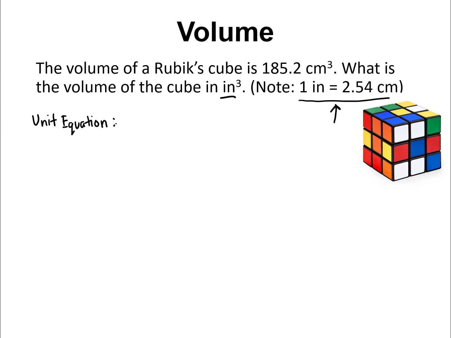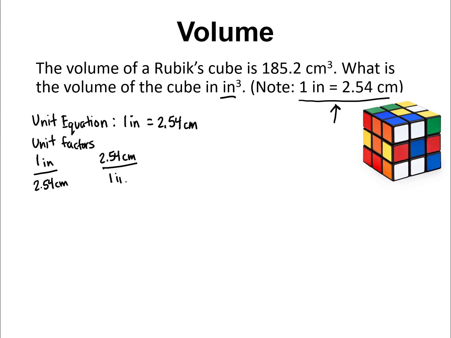So the unit equation was given. 1 inch is equal to 2.54 centimeters. We write unit factors from there. 1 inch over 2.54 centimeters and 2.54 centimeters over 1 inch.